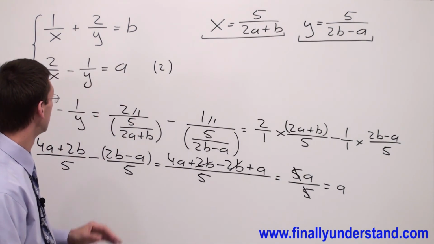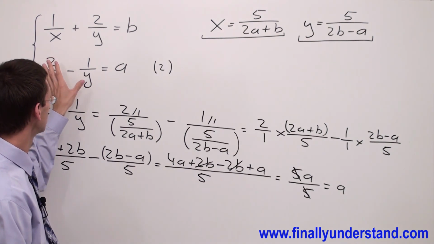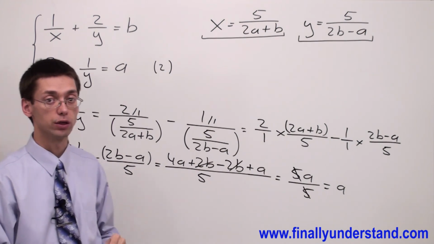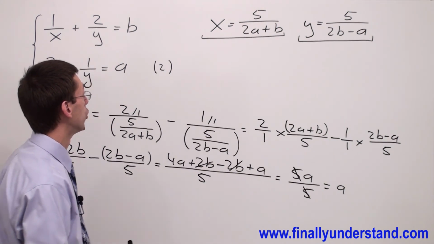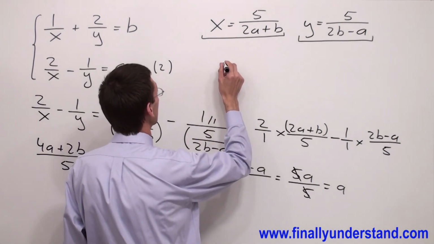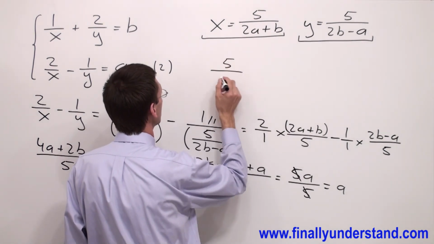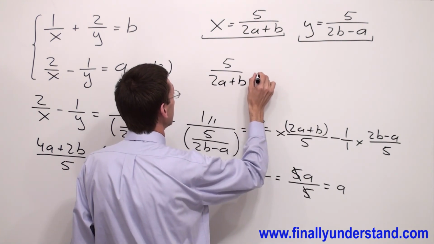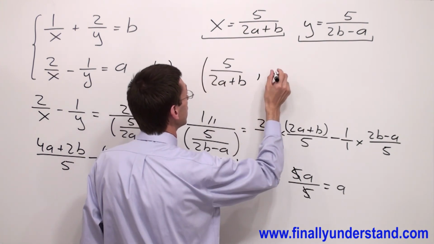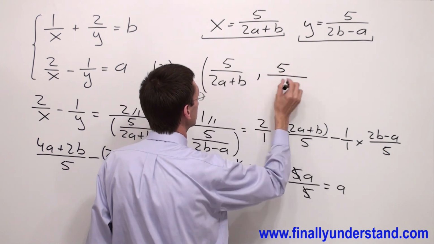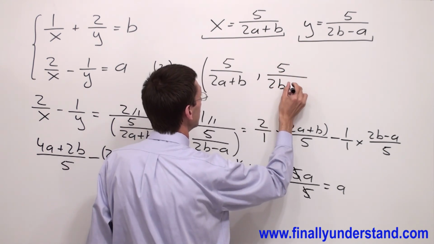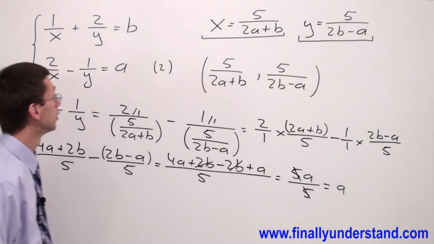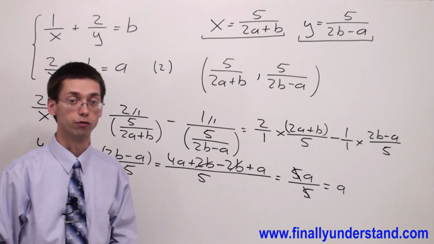So we prove that the left side of my second equation is equal to the right side. So we verified two equations, so we can say that the ordered pair x equals 5 over 2a plus b and y equals 5 over 2b minus a is the solution to this system of two linear equations.